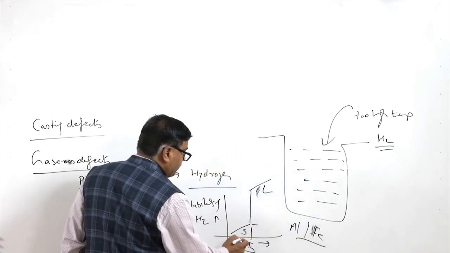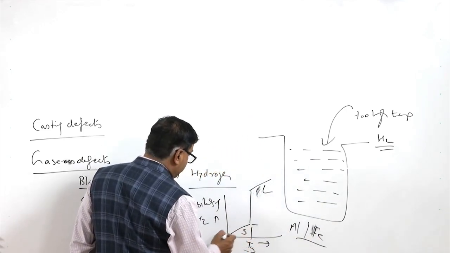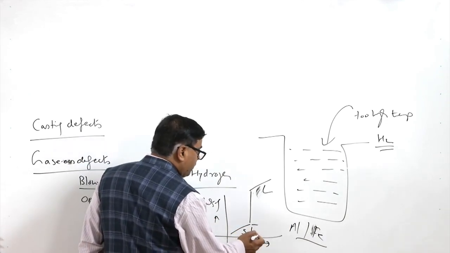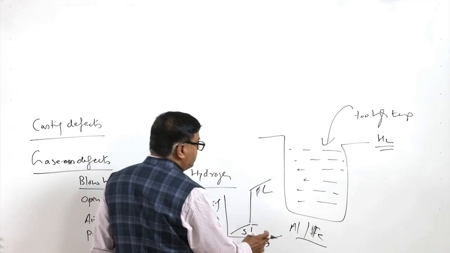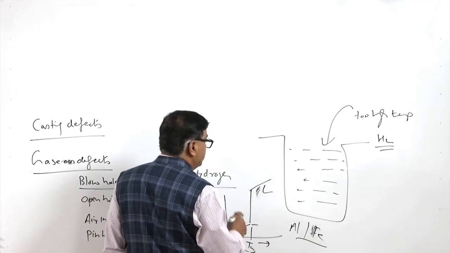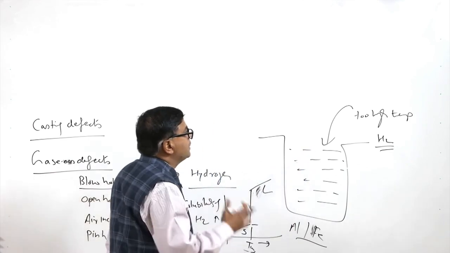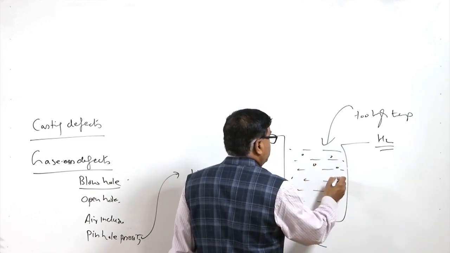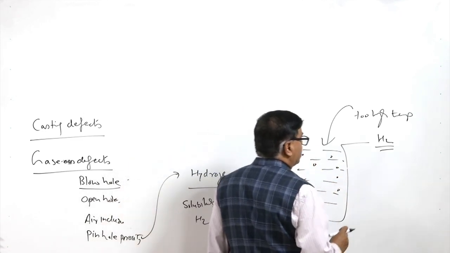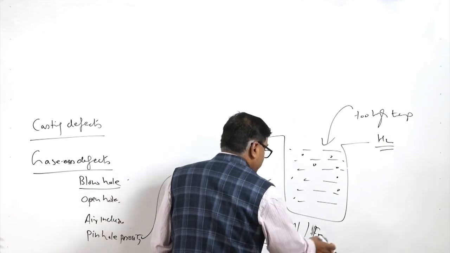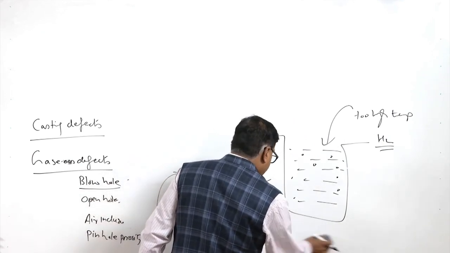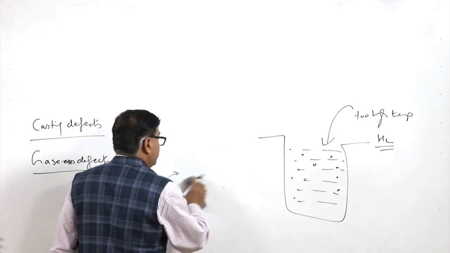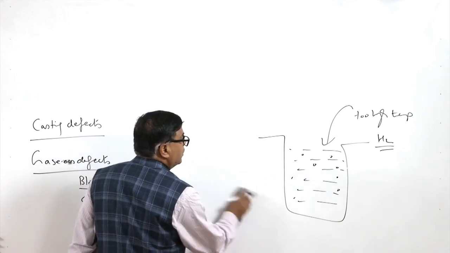So, when the temperature is below the melting point, the solubility of hydrogen in the solid state, in aluminum as well as iron, is very low, but as the temperature crosses the melting point, there is a large difference and the solubility increases significantly. So, when the molten metal is at high temperature, hydrogen gets dissolved in it, but as the solidification completes, the hydrogen is rejected due to the reduction in solubility.